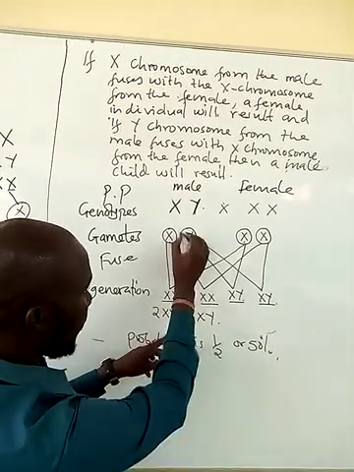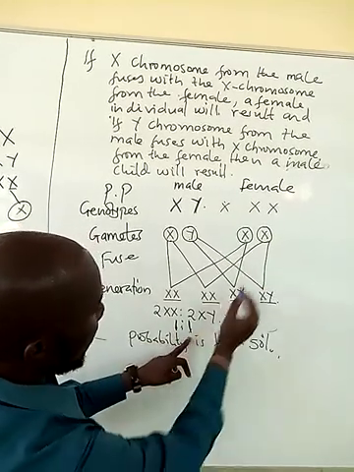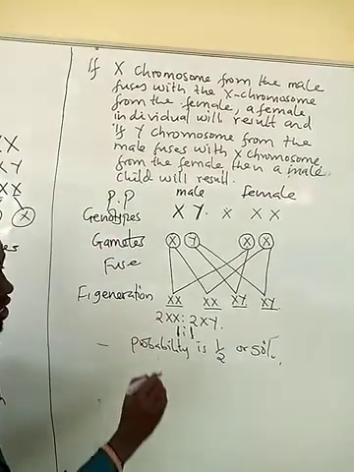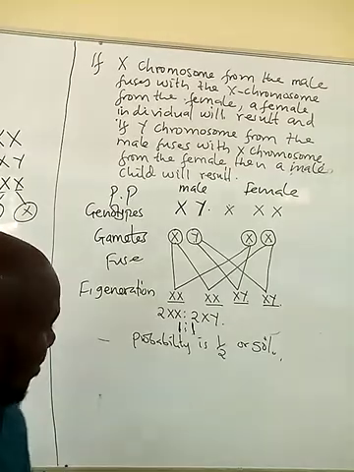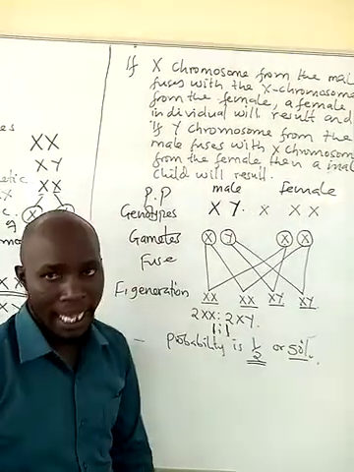So for the males it is 1 over 2, and for the females it is also 1 over 2. Therefore, the probability of either a male or a female child is a matter of chance. The probability is half or 50%.